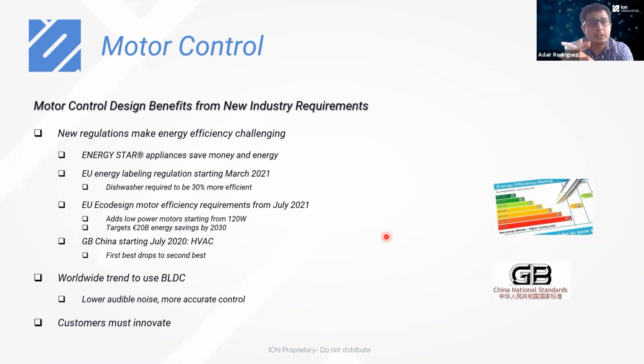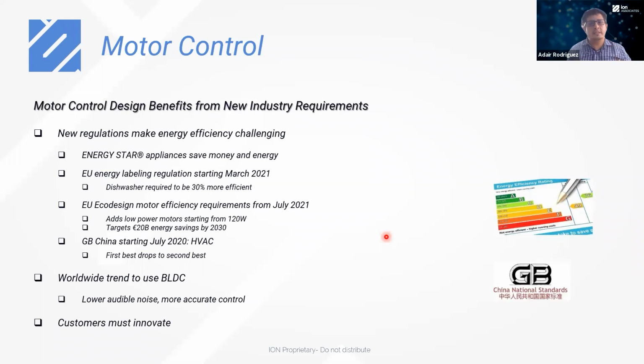When we are still talking about efficiency, we can refer also to the motor control. The new requirements from the industry are leading the new trends, the new technologies or designs for the motor control.